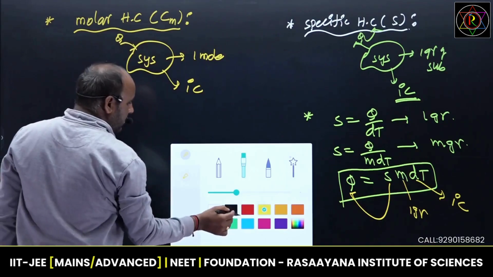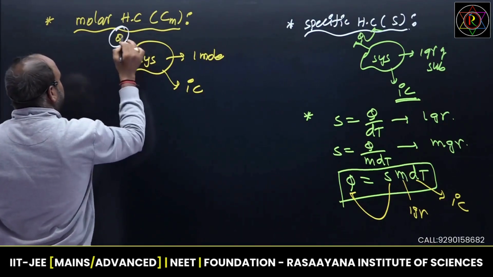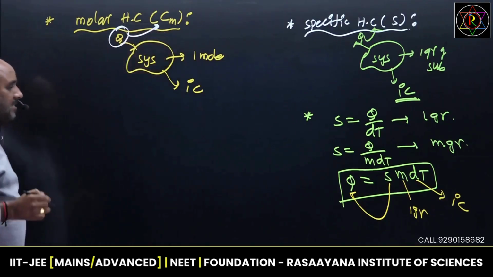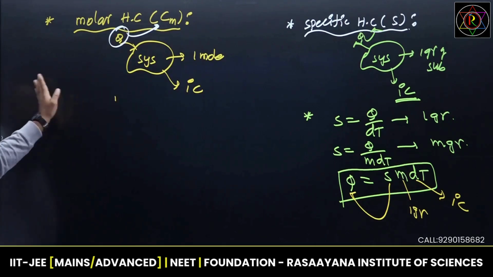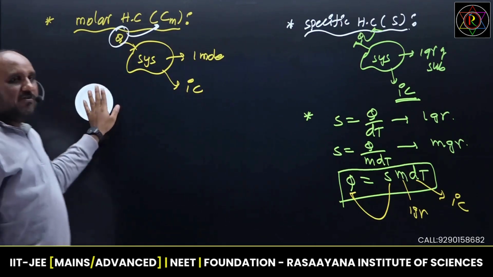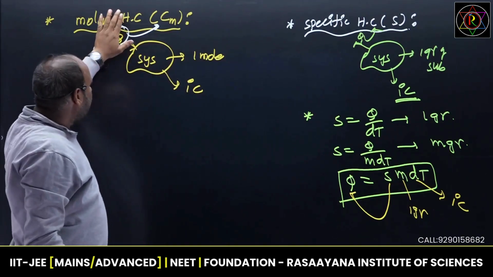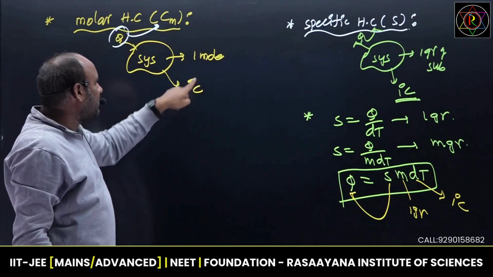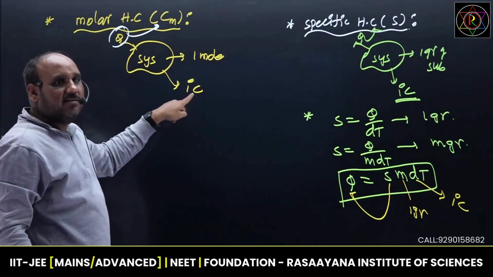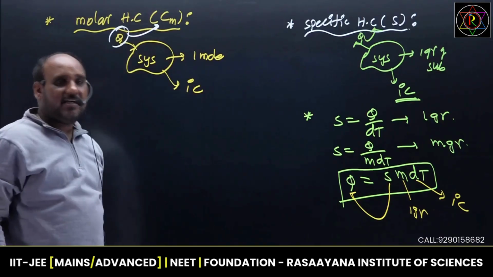That heat is known as the molar heat capacity. Just an easy form to remember. If you want to write the statement, you can write: the amount of heat required to raise the temperature of 1 mole of substance by 1 degree centigrade is the molar heat capacity.